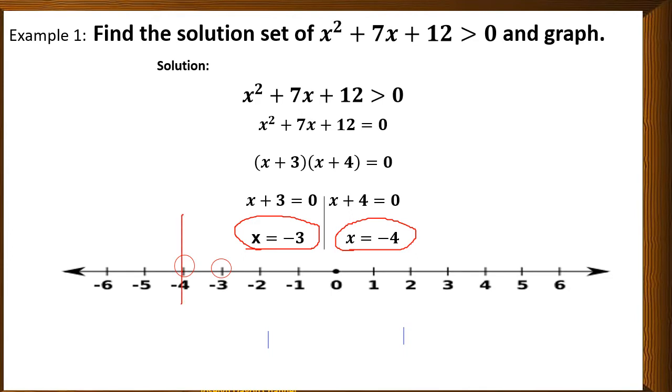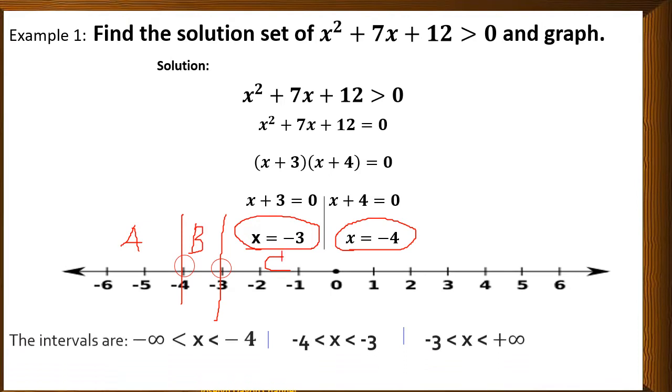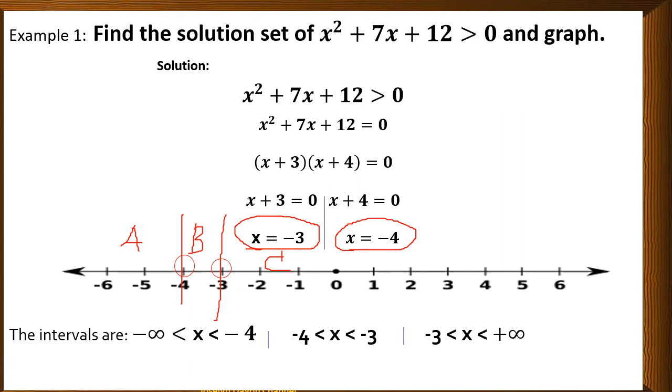We have this. So this is the first region. I will label it A. And this part here will be the second region, and this part here will be the third region. For the first region, the interval is x less than negative 4 but greater than negative infinity.